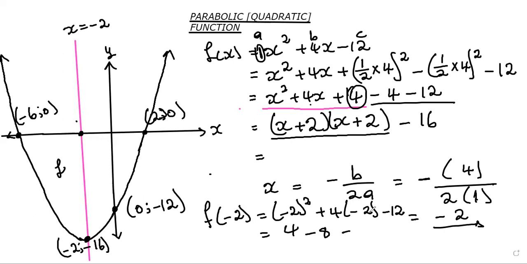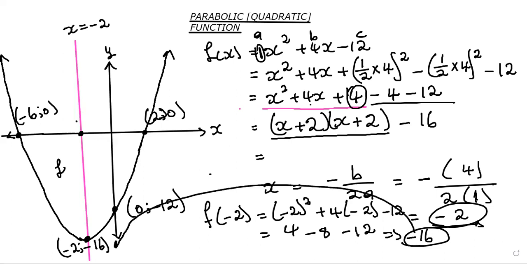And then you have minus 12 like that. So if you say 4 minus 8, it's negative 4. Negative 4 minus 12 is just going to be negative 16. So you have your x coordinate of the turning point, and now you have your y coordinate. And if you have a look, they are exactly the same as the ones we found here. So it's up to you which one you use.